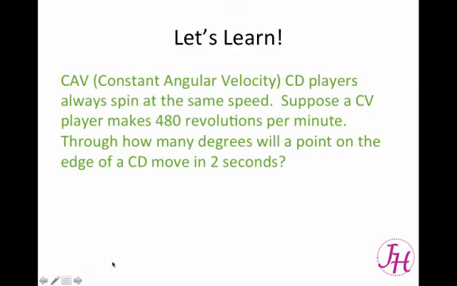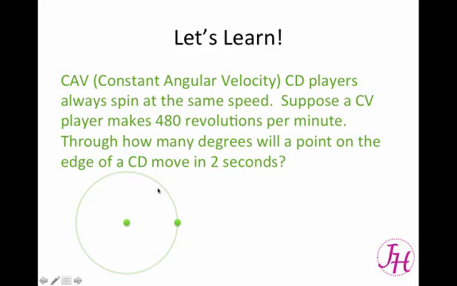All right, CAV, or constant angular velocity, CD players always spin at the same speed. Suppose a CD player makes 480 revolutions per minute. Through how many degrees will a point on the edge of a CD move in 2 seconds? So there's the center of our circle, and we construct the circle around it, remembering that a circle consists of all the points that are equidistant from the center, and then we have the point on the circle.